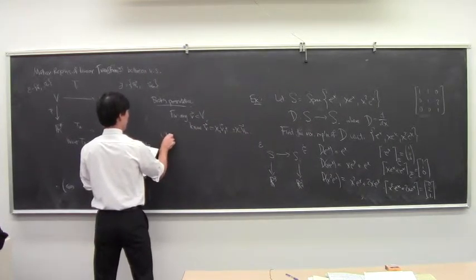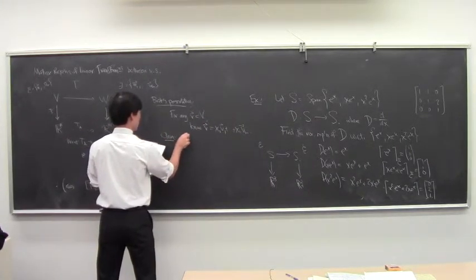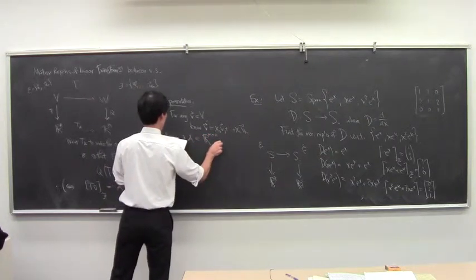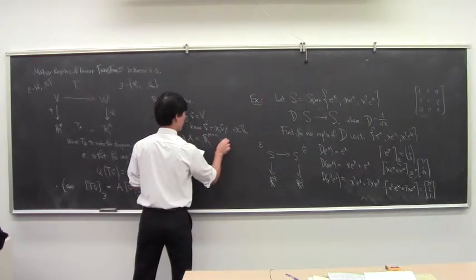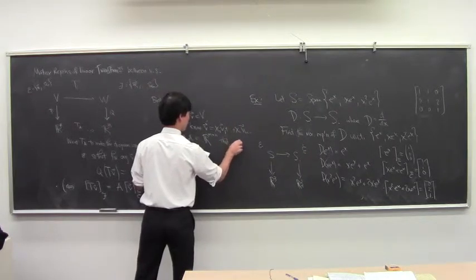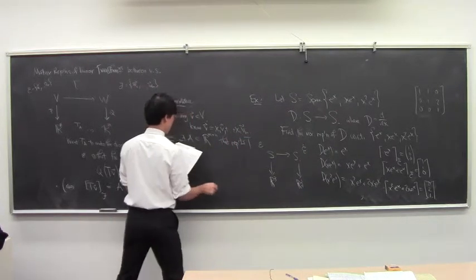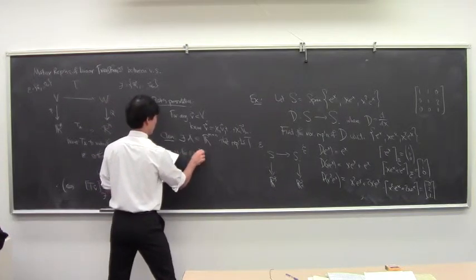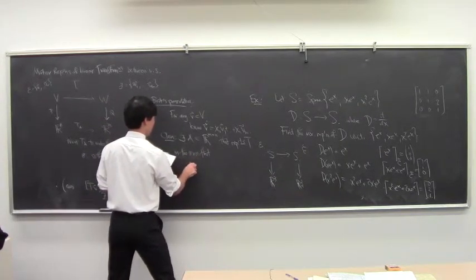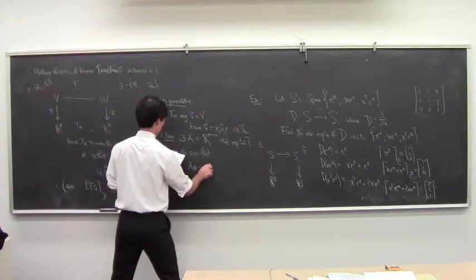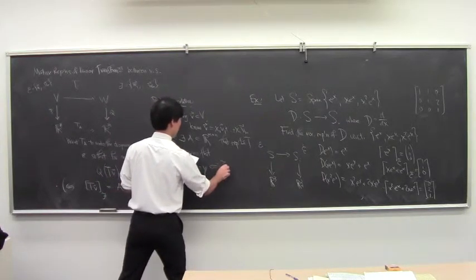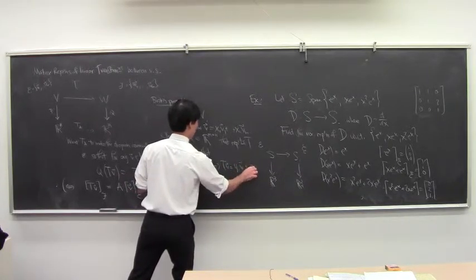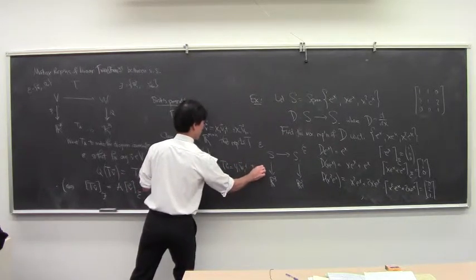The claim is that there exists an m by n matrix A that represents T in the sense that Ax equals y if and only if Tv equals y1 w1 plus ... plus ym wm.